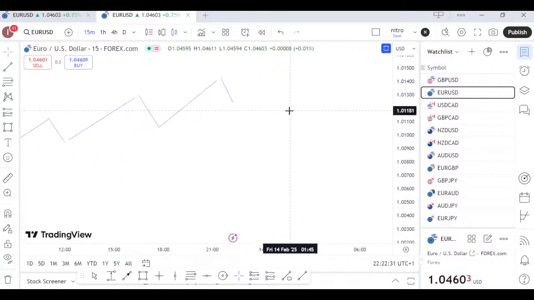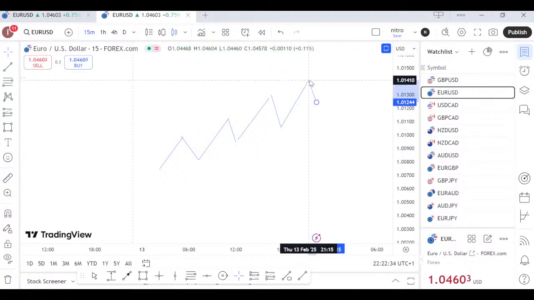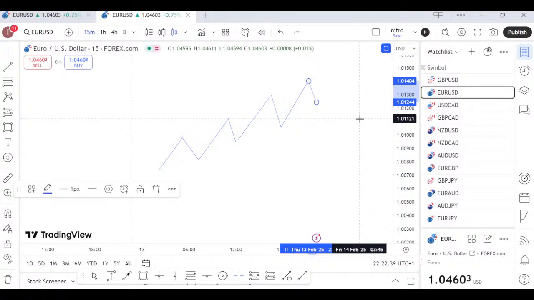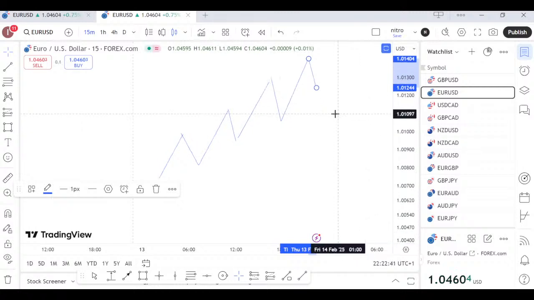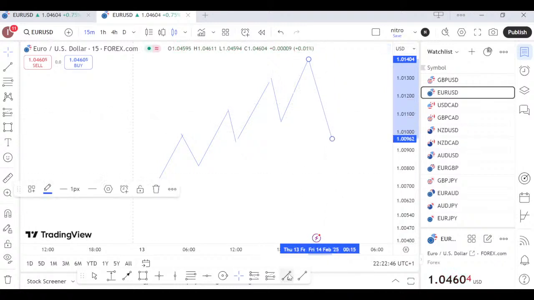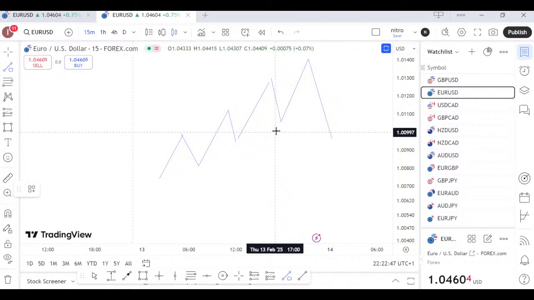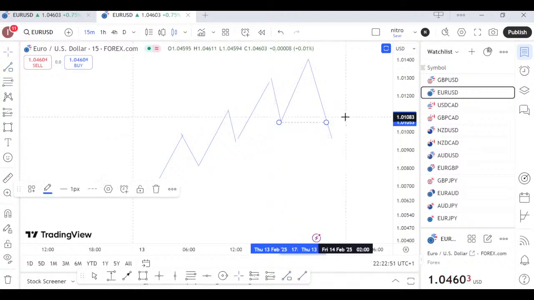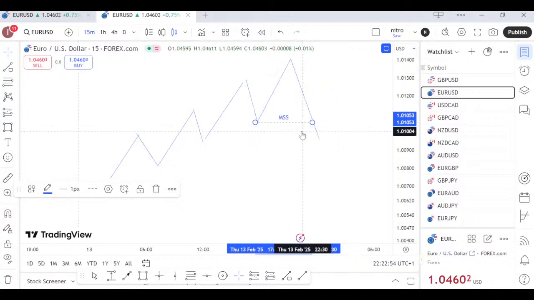So when we have something like this, it's just the opposite of what happens on the bearish market structure changing to bullish structure. We're going to have a solid order block that just crashes down, takes out this low, and then we can call that a market structure shift, MSS.